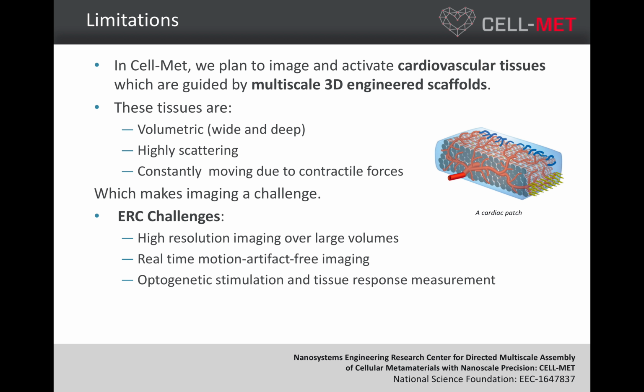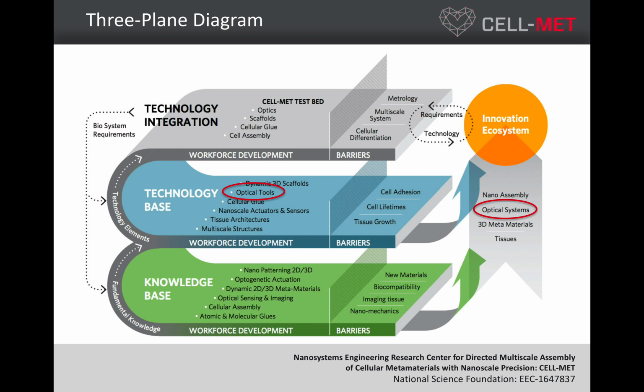We are in thrust area 4, which is optical engineering inside the ERC CellMat. Our main role in CellMat is to build or design novel, advanced optical tools for us to control and monitor cellular activities.